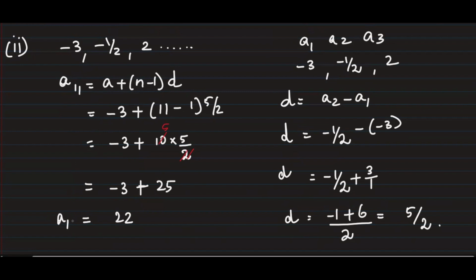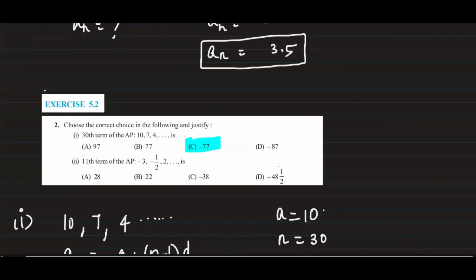So my 11th term, that is the value of A11, will be 22. Now see which is the correct option. So 22, B is the correct answer. So for the second question, the answer is B: the 11th term of the given series is 22.